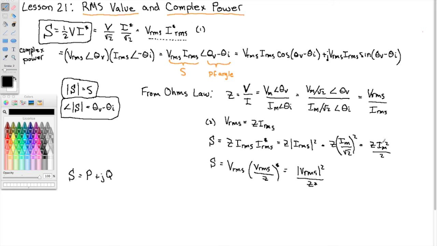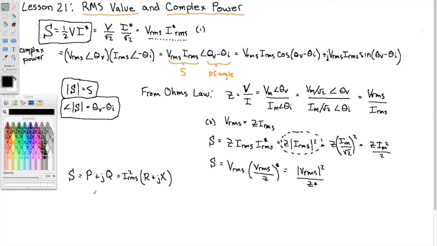If I compare it to this thing here, this is also equal to I RMS squared times Z. Z has a real part, call that R for resistor, and an imaginary part, X.